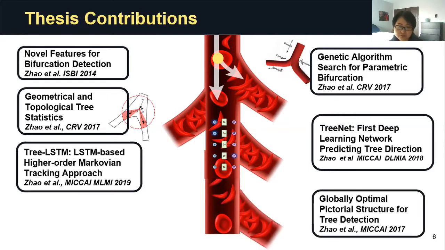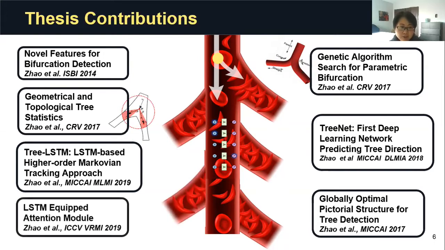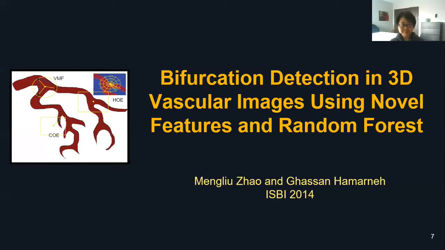Then, taking into account global information, we used pictorial structures for tree detection and published this work at MICCAI 2017. And by equipping an attention module with LSTM and a vasculature prior, we published another work at 2019 ICCV VRMI.